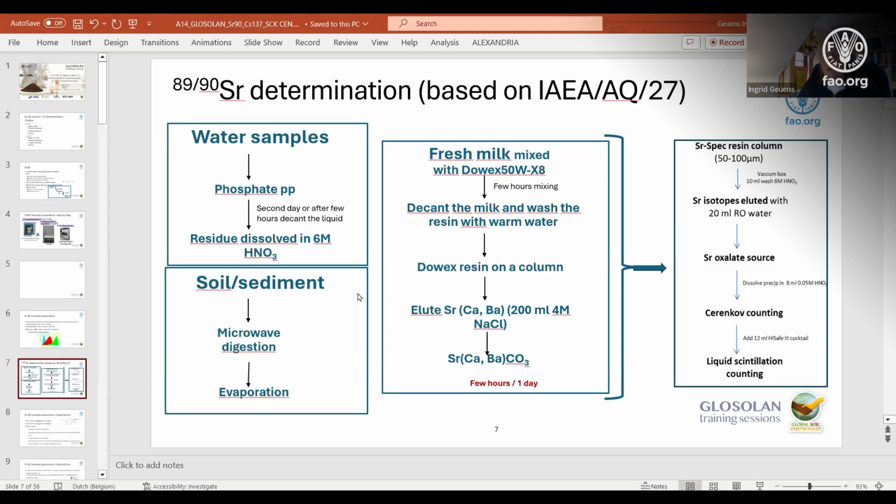And then you elute all the rest over the column. Afterwards, we also add oxalic acid. And by doing so, we can elute the strontium only. So it's proven that none of the rest will come off, only the strontium will come out of the resin column. And that's then measured.